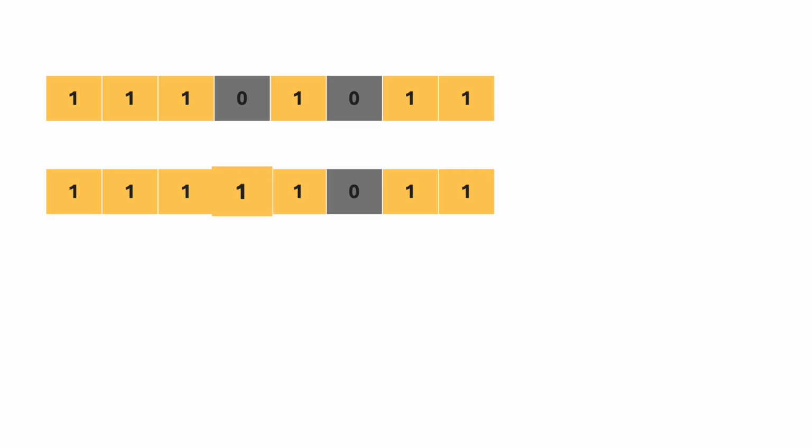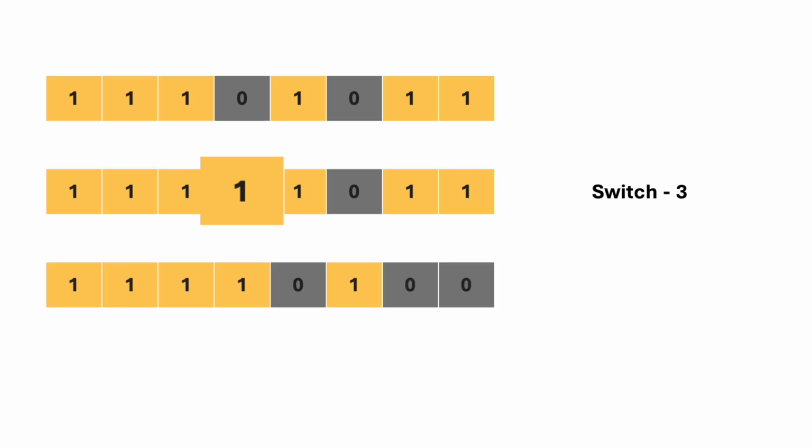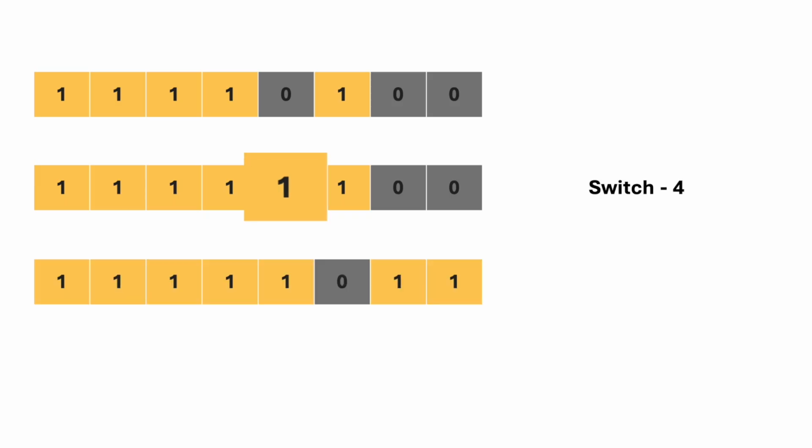The third bulb is already on, so we skip it. Let's move to the fourth. We press the fourth bulb switch. All the right elements get switched. Then we continue this process. Every time we see an off bulb, we press the switch and increment the count.